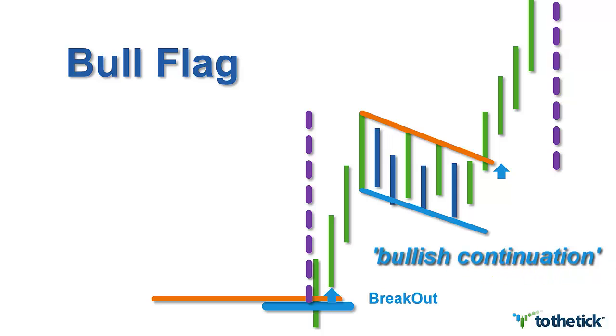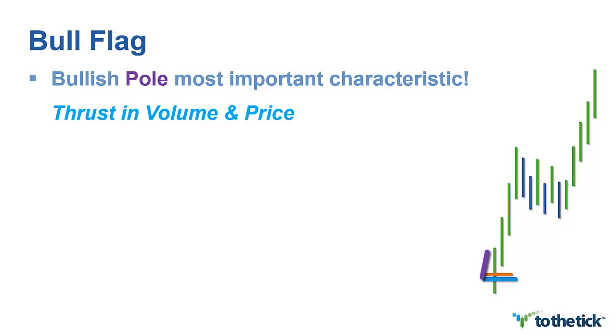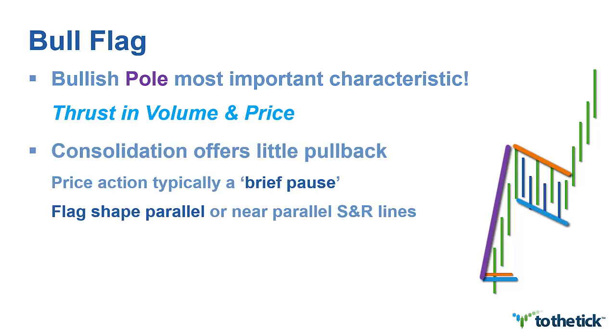So now let's go ahead and sum up what we've learned here today. Basically, the bull flag is, first of all, the most important characteristic to understand about the pole. The higher and stronger that price surge and thrust in volume and price gets, the better. Then we look for part two, which is the consolidation phase. It offers very little in the way of a price pullback.